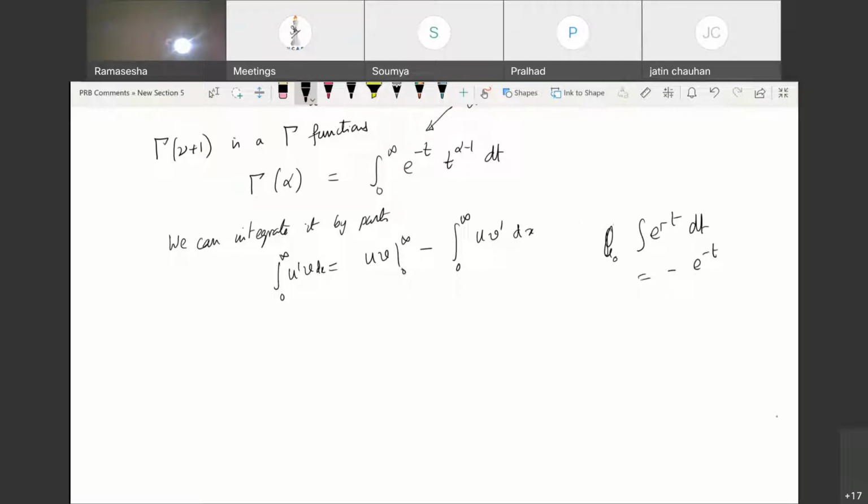So what is minus t alpha into 0 to t minus 0, this minus of e to the minus t times t to the power alpha times alpha.